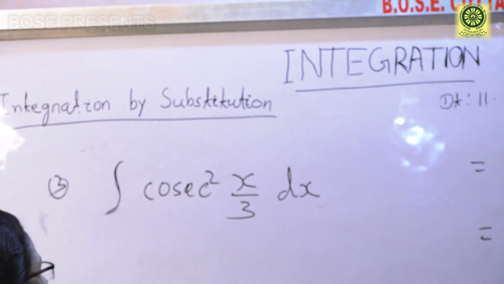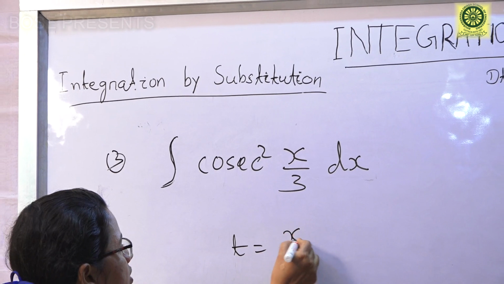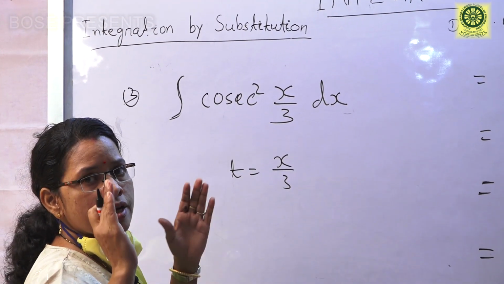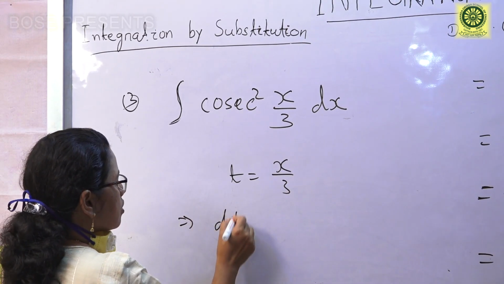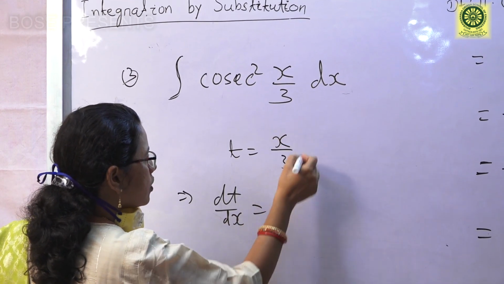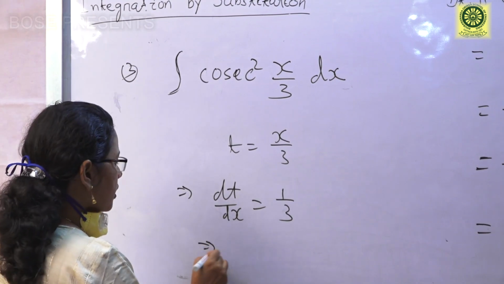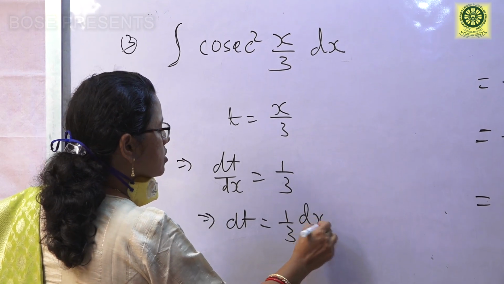Okay. Then for this just substitute t in place of x by 3. Because this is not in the standard form, the standard form will be cosec square t. Okay. So just differentiating both sides with respect to x, here we have the derivative of x by 3 is 1 by 3. That implies your dt is equal to 1 by 3 dx.